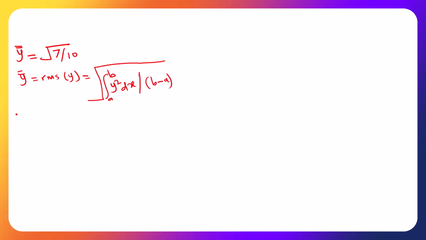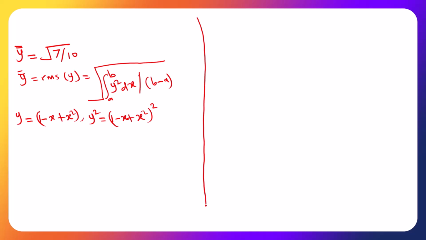So now, if y is equal to 1 minus x plus x squared, then y squared is equal to 1 minus x plus x squared, all squared. Let me divide this page into 2.